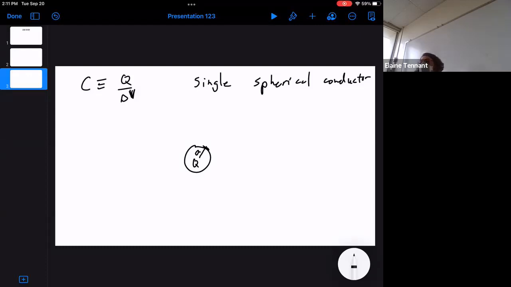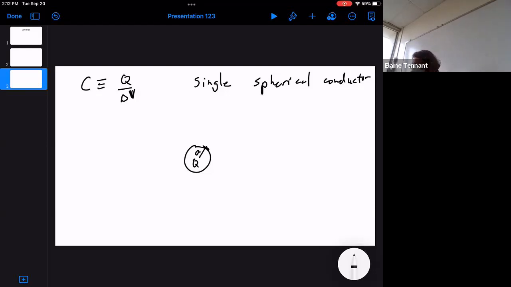And here's the thing. If you have charge and voltage, the thing has a capacitance. Every charge generates some voltage, every single charge. So anytime you have a charge, you can talk about the capacitance of that system. They might not be great at storing energy, but you can still talk about it.